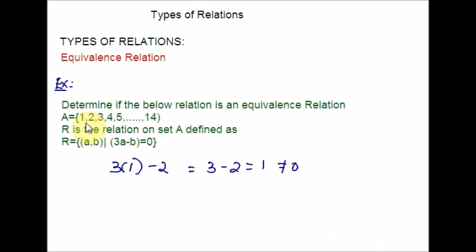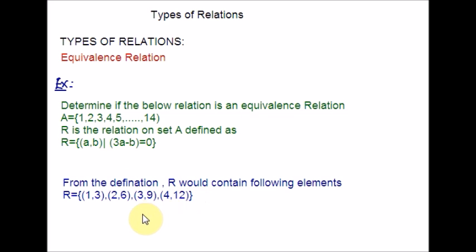If you take two numbers from this set from 1 to 14 and use this expression 3A minus B, you should get 0. So if I try this number, I'm not getting 0. Same way I'm going to do the trial for all the numbers in different combinations. So I'm going to give you the set of numbers that satisfies this condition only, 3A minus B equal to 0. When I did trial and error, only these 4 combinations satisfy this condition.